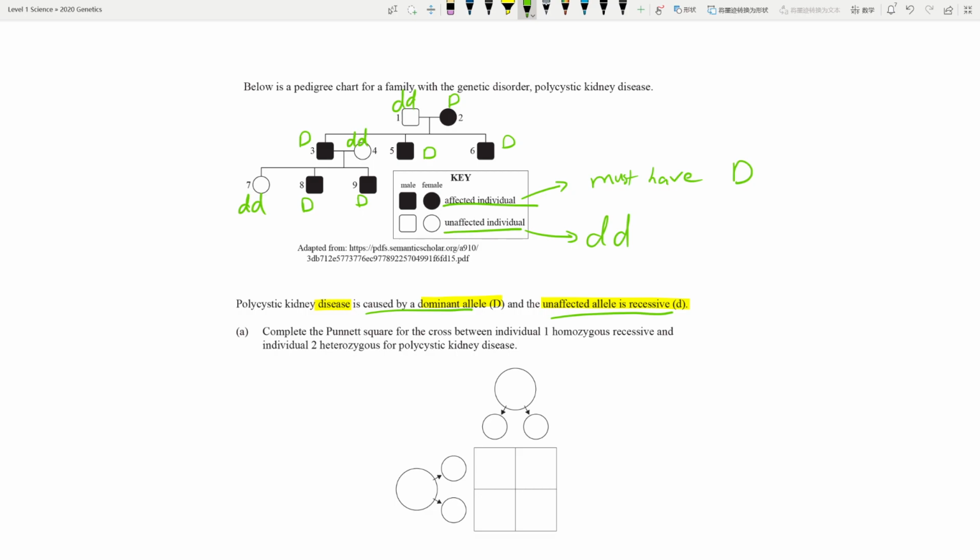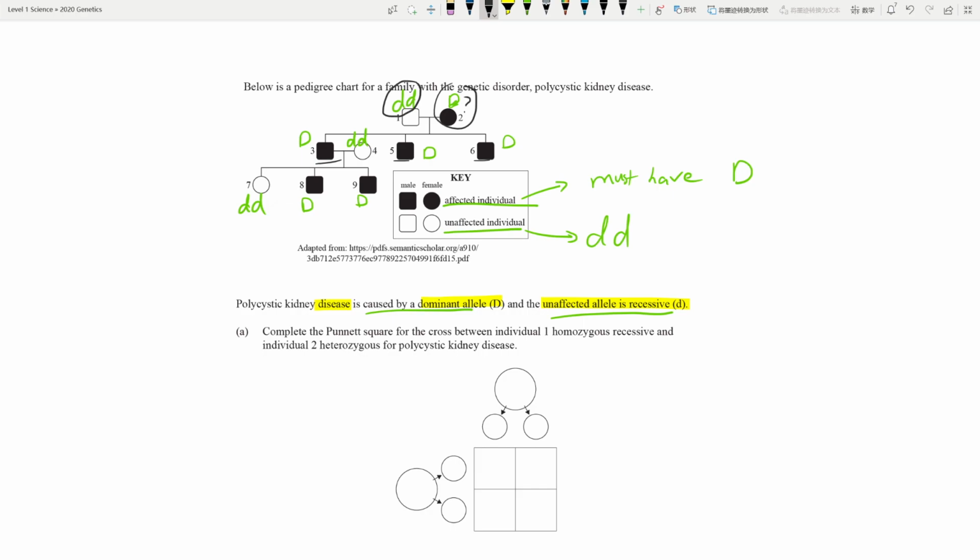If we see this now, straight away you can see that number 1 and number 2 had children 3, 5, and 6, which are all displaying the disease. So we actually don't know what that is. It could be a small d, could be a big D. It's all possible.